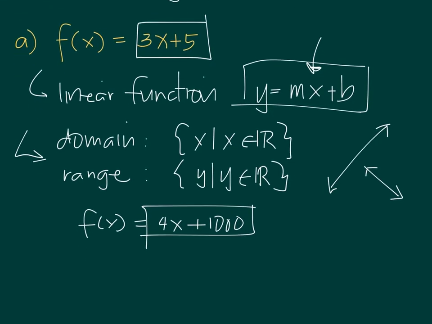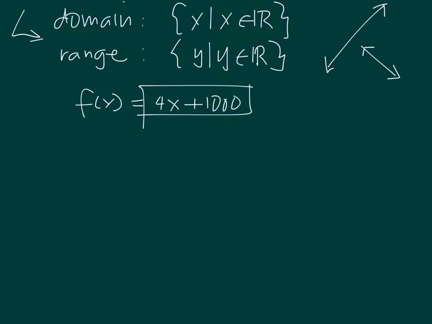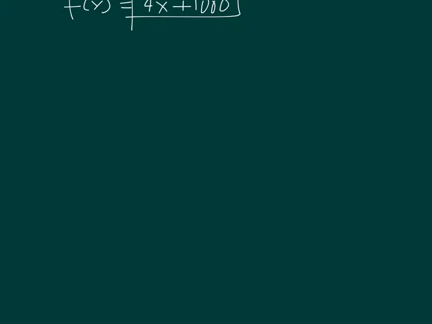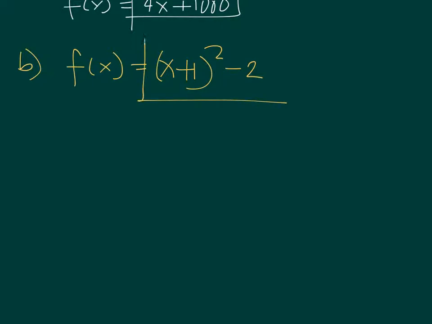Okay, let's go to another function. The second one that I gave, so that's b. f of x is equal to (x plus 1) squared minus 2. So again, you have to look at the structure of the equation. This is an x squared.